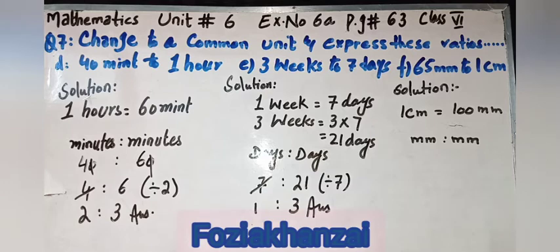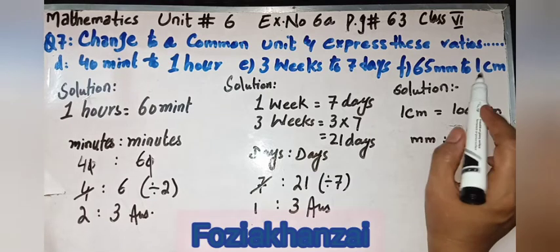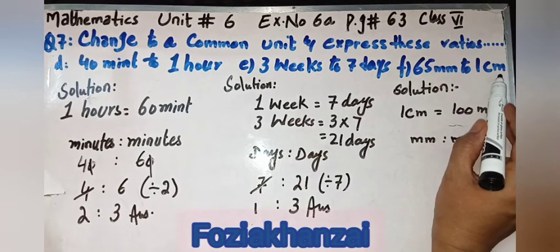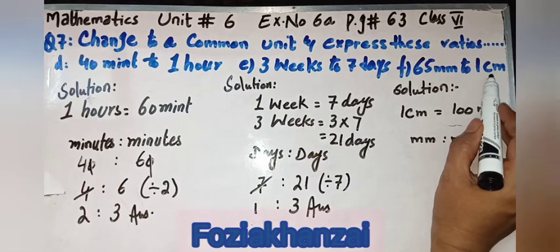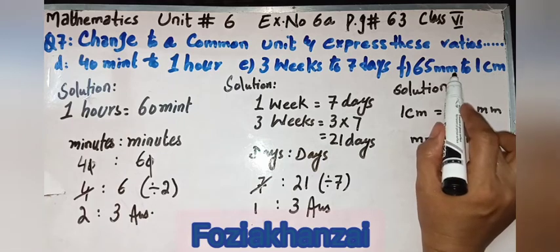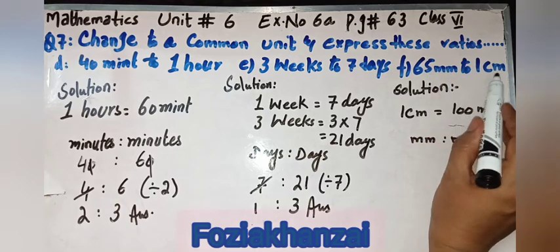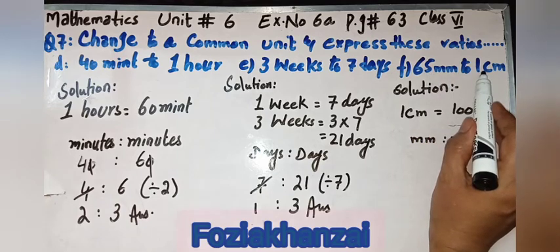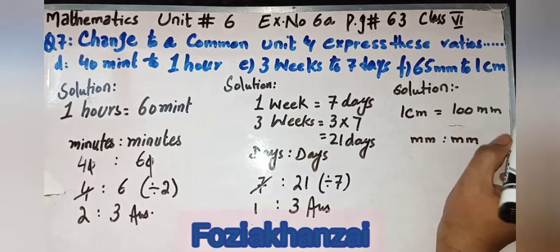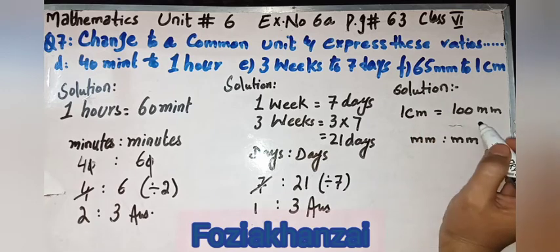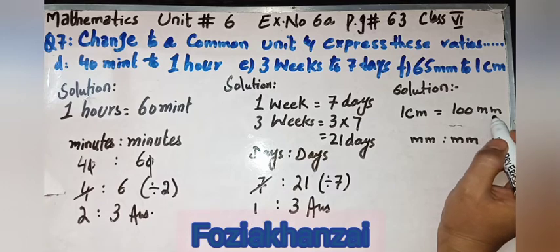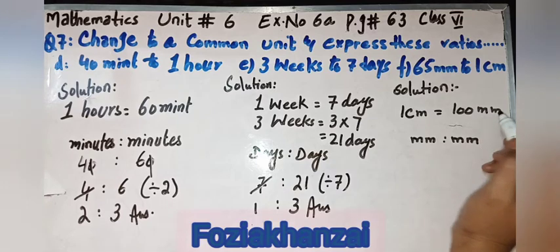Now the next part, F: mm means millimeter, cm means centimeter. It's a short form. Cm means centimeter, mm means millimeter. 65 millimeter to 1 centimeter. So first 1 centimeter convert into millimeter. 1 centimeter is equal to 100 millimeter.